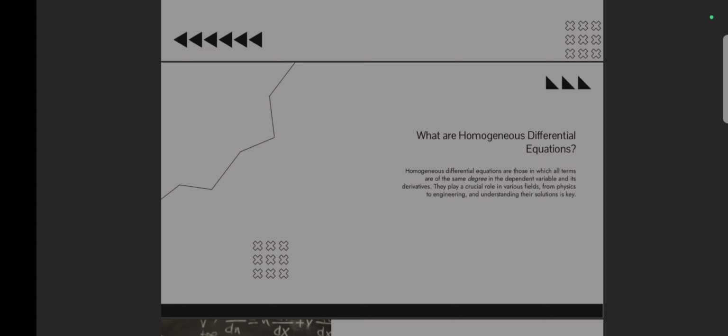This means if you replace y with lambda y, where lambda is any constant, f does not change its form. These equations are often solved using substitution techniques to simplify them into separable or linear forms, making them easier to solve.